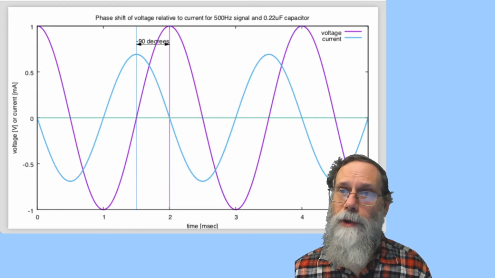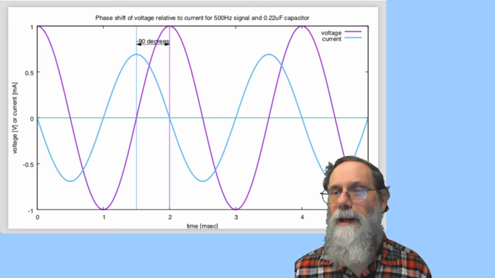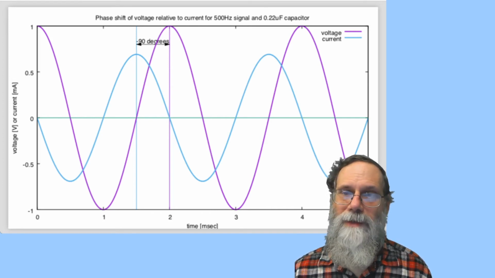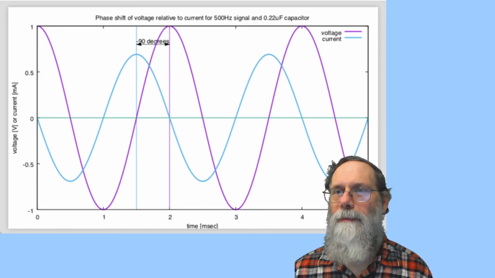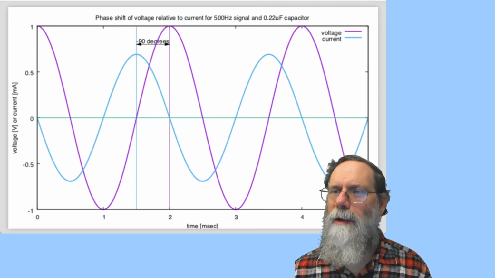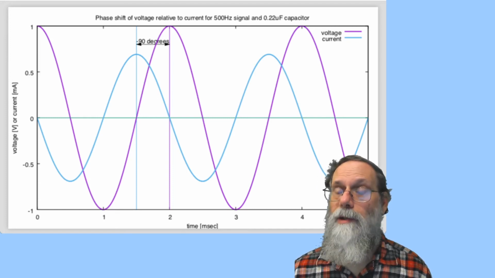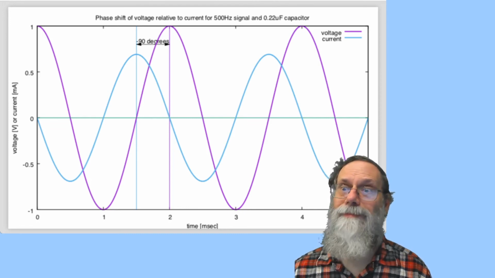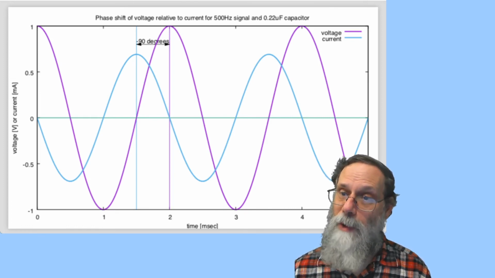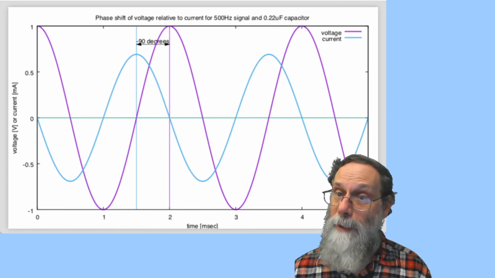And if you were putting voltage across a capacitor, and here I did what would be appropriate for a 0.22 microfarad capacitor, you'd see that the current is at its maximum when the voltage is rising fastest, and the current is at a minimum when the voltage is dropping fastest. The biggest current isn't when the voltage is biggest, it's when the voltage is changing the fastest. And the smallest current isn't when the voltage is the smallest, it's when the voltage is dropping the fastest.